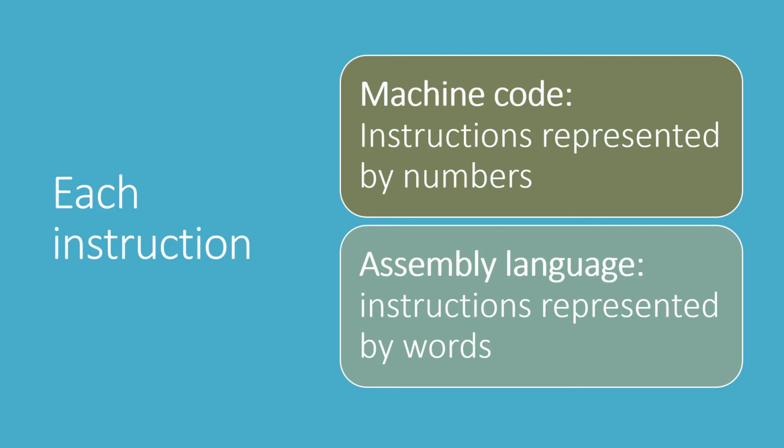The computer understands numbers, so we call that the machine code. That's the set of numbers that represent the different instructions. We also have a way of representing the same set of instructions using simple words, and that's invented to make it easier for human beings to understand the instruction set. And we call that assembly language.